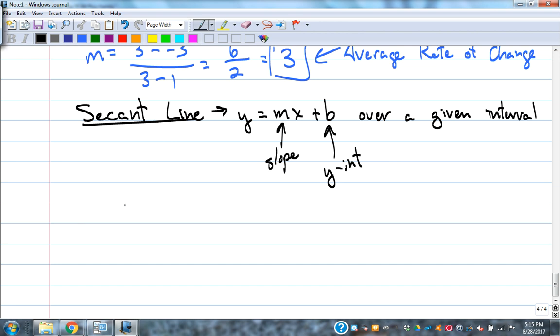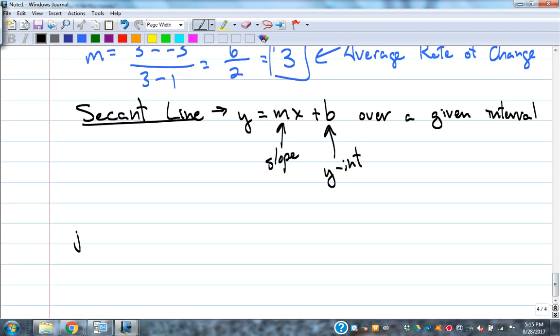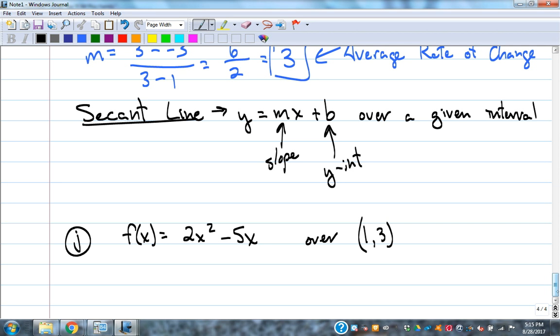So if we take a little bit of the work we've done with example I, we say f of x is equal to 2x squared minus 5x. That's the same equation from example I, over the interval 1 to 3. That's the same one we just did. And we want to find the equation of the secant line. We're going to do the exact same things we did to find the average rate of change.